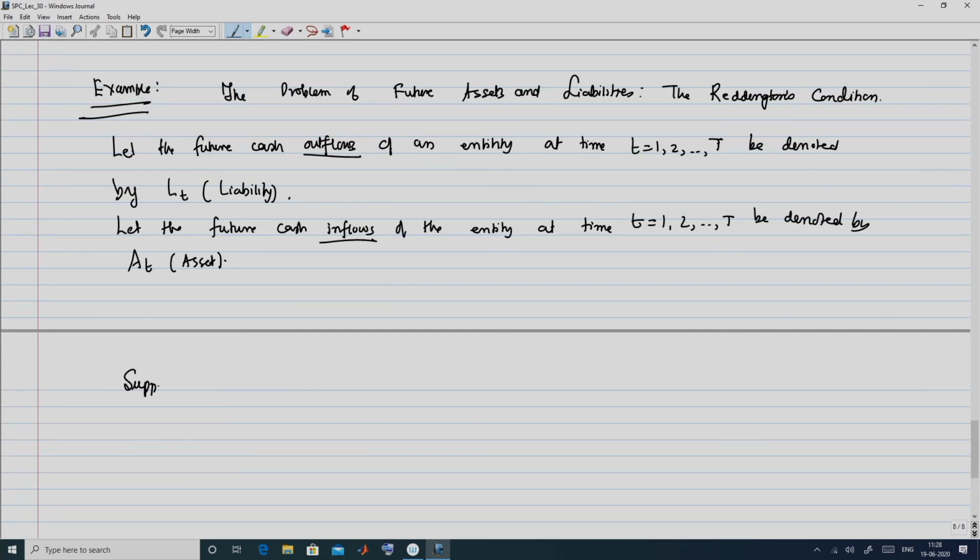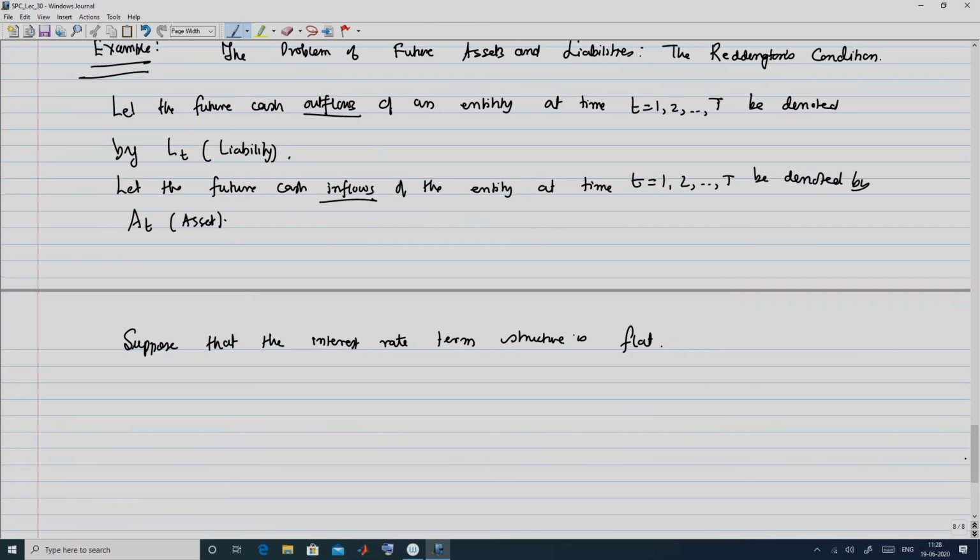Now, as has been the case so far, we also assume in this case that the interest rate term structure is flat. So, that means the interest rate for all maturities is identical. Then the present value of future liabilities and assets are given by the following.